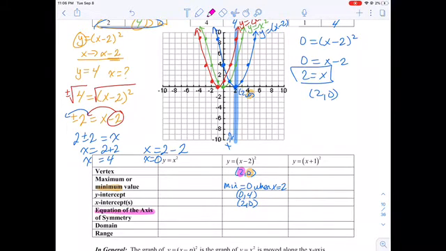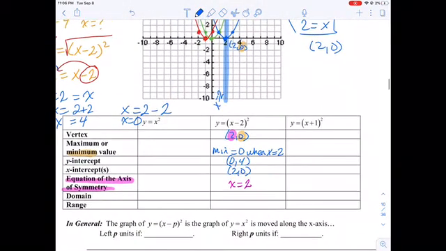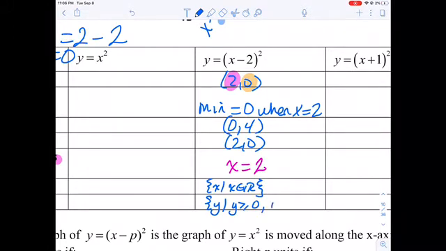So that one there is x is equal to 2. And then our domain for all of our parabolas is the set of all x's such that x is all real numbers. And our range is the set of all y's such that y is greater than or equal to 0 for this particular graph.